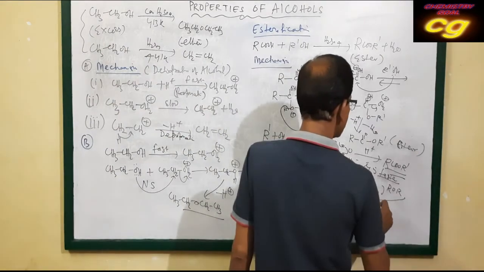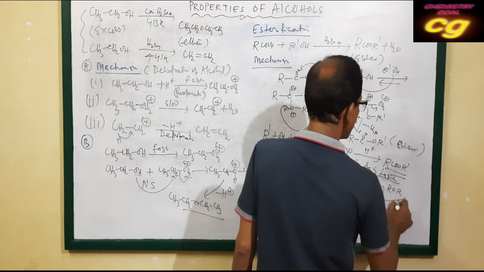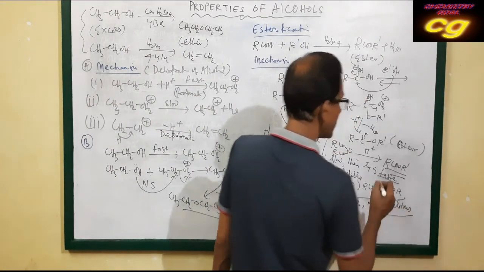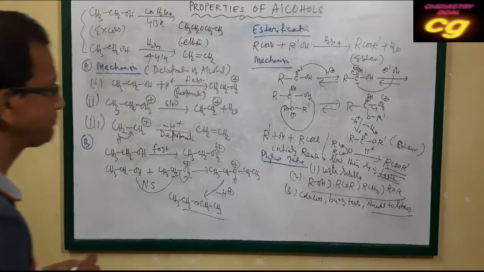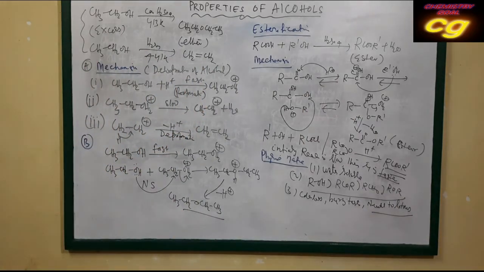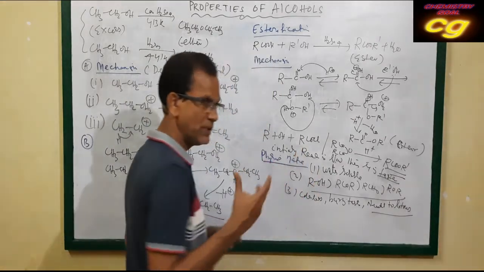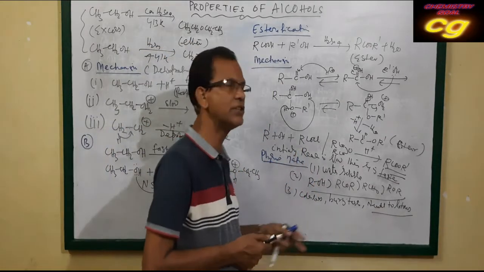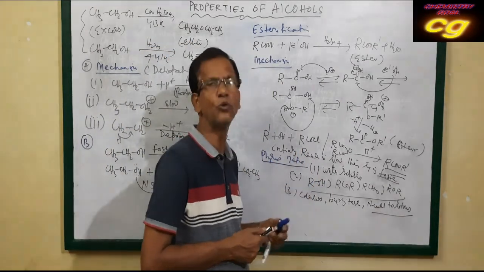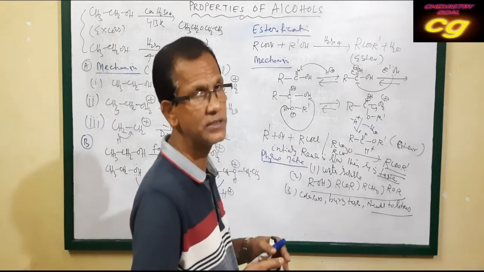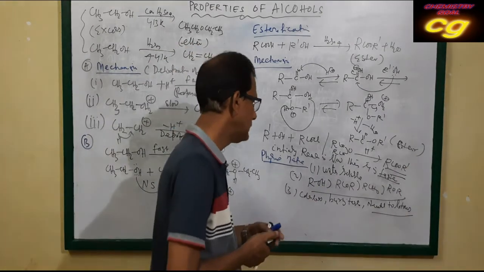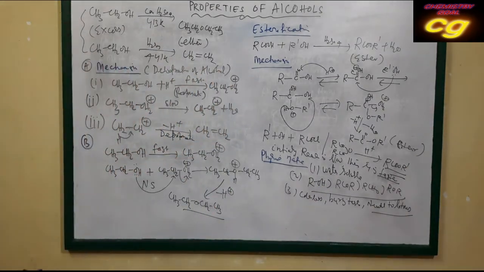It has a characteristic odor, an alcoholic smell. Then we call it spirit, with an alcoholic smell, and it is water soluble. Then highly combustible: alcohol is also highly combustible.